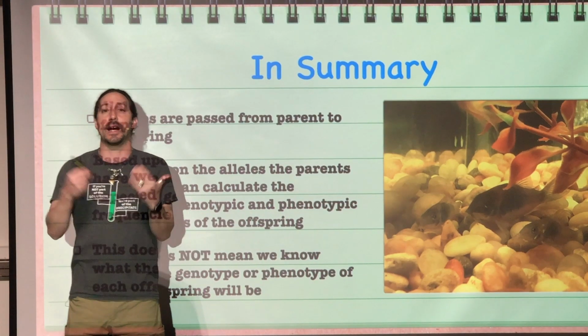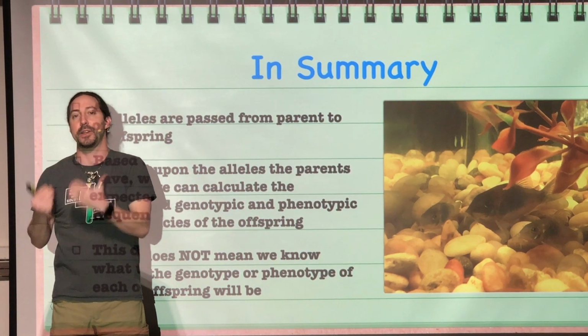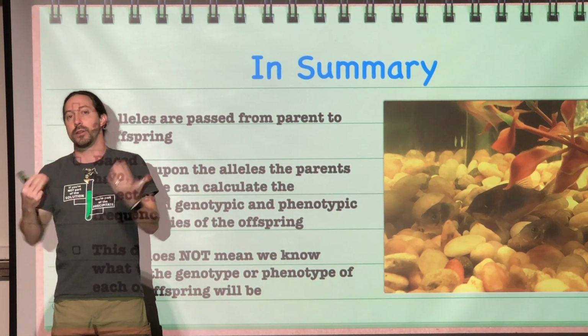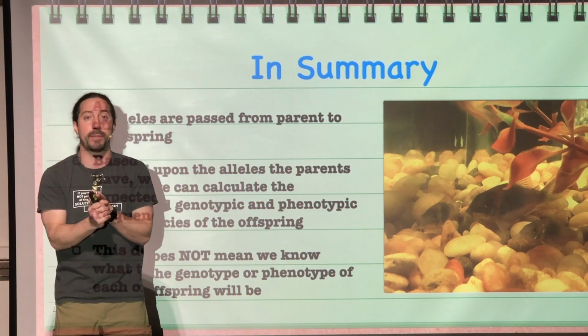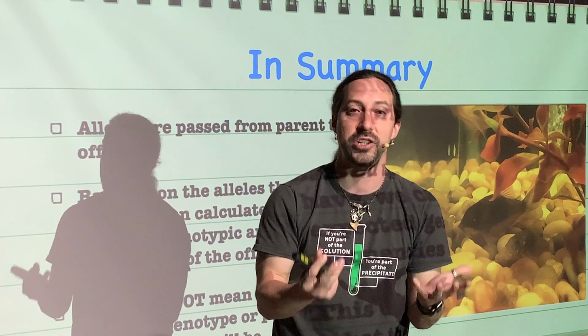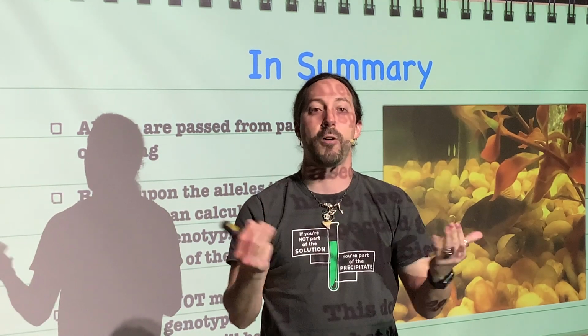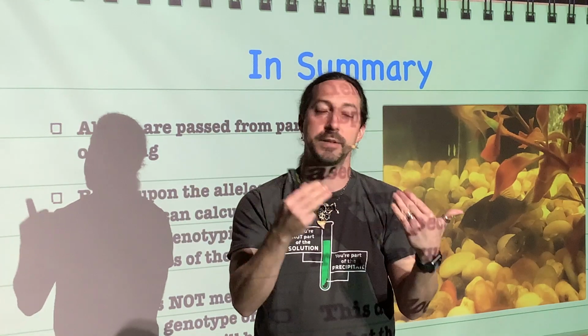And this gives us an idea of what percent chance they have of passing on a specific trait to their offspring, whether they might have a 75% chance of passing on a trait, or a 25% chance, or even a 0% chance, based upon the parents' genotypes.